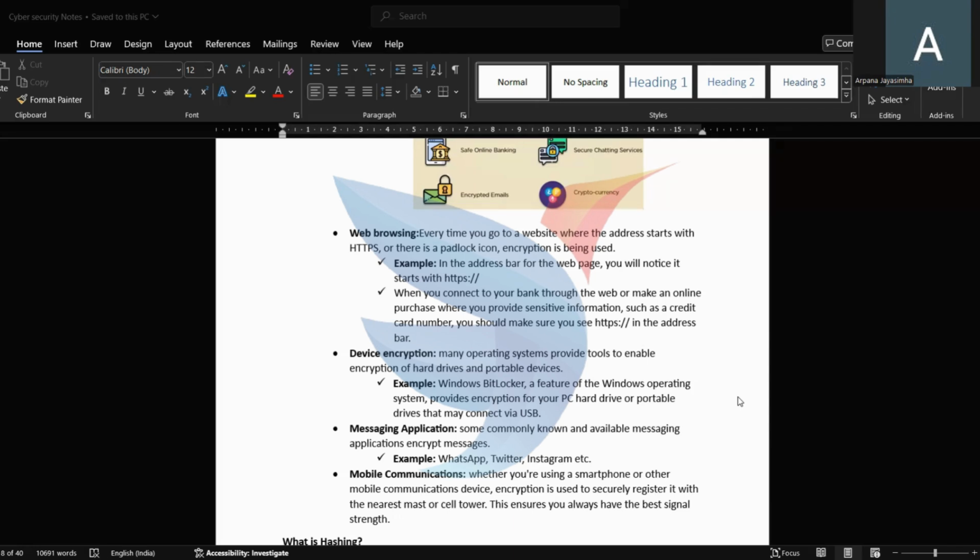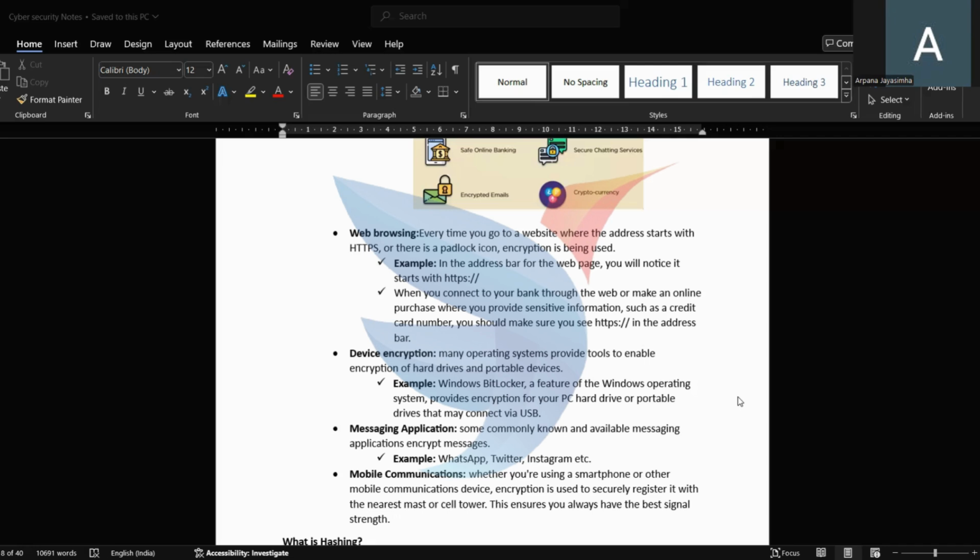Next, messaging applications. These are commonly known and available messaging applications which are used to encrypt messages. Example, WhatsApp, Twitter, Instagram, etc.